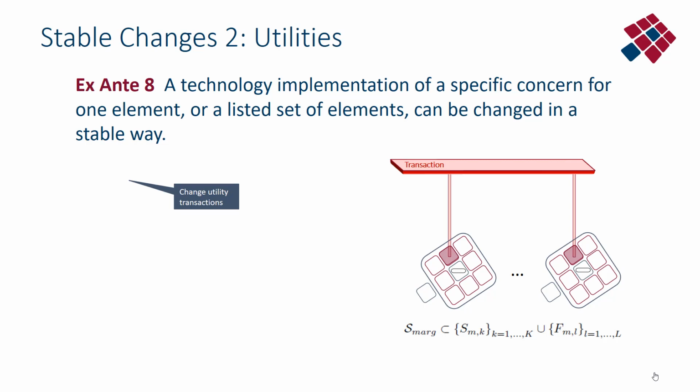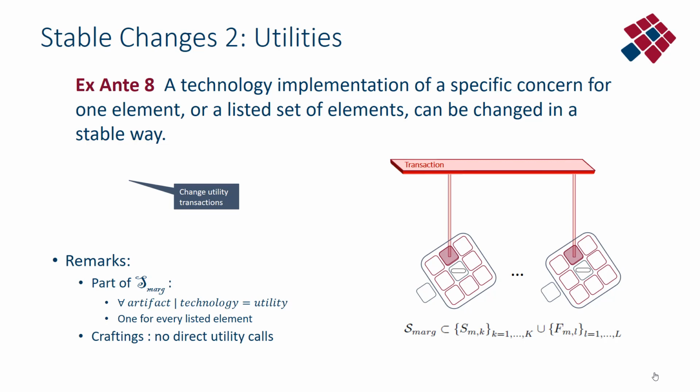So this change would even be bounded even if you had no expansion or code generation mechanism, because it's only for every artifact where the technology corresponds to that utility that you would have made the change for every listed element. And this is a bounded set, even if you have no expansion or code generation mechanism.